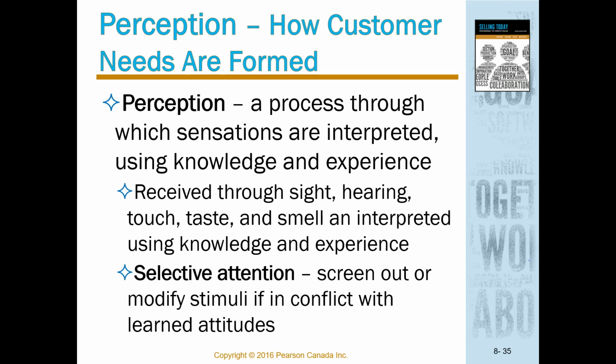And perception. So how customers' needs are formed. Perception is what we talked about a while ago. It's a process through which sensations are interpreted using knowledge and experience. Here again, pay attention to selective attention, where we screen out or modify stimuli if in conflict with learned attitudes. This is bias. Selective attention is bias.